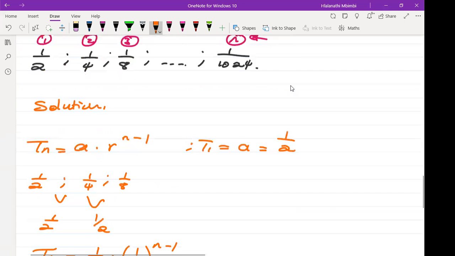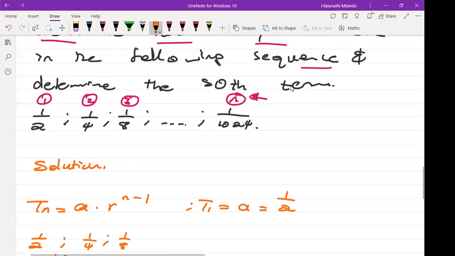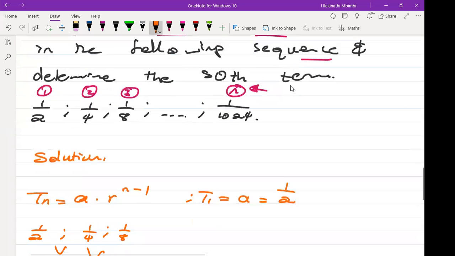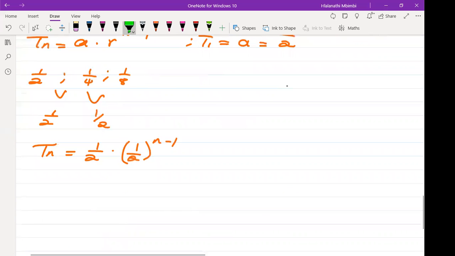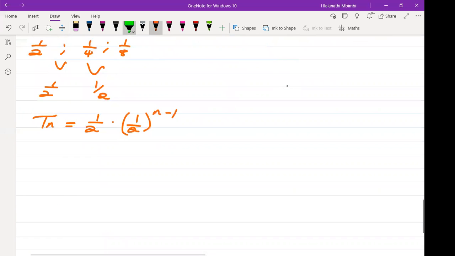Now, the question being asked here is, we want to know what is the position. We want to know what's happening at that particular position. So we know that Tn is equal to 1/1024 at that position.